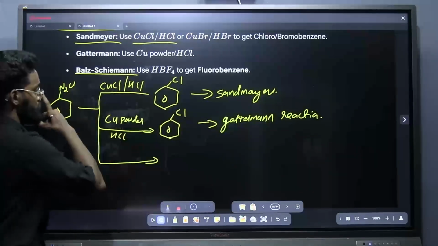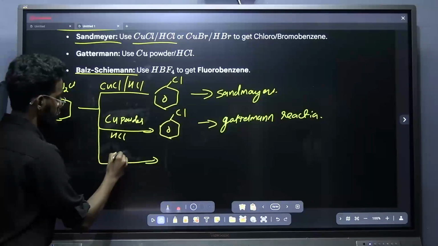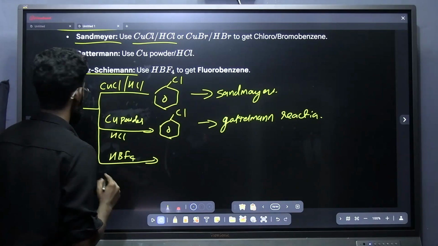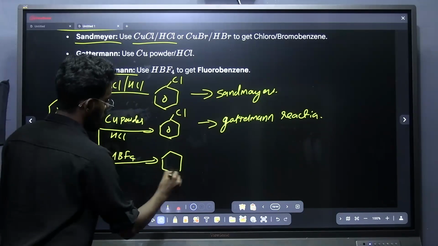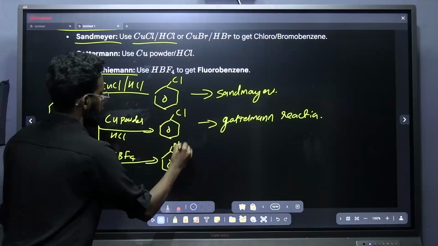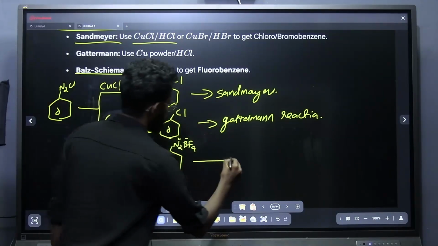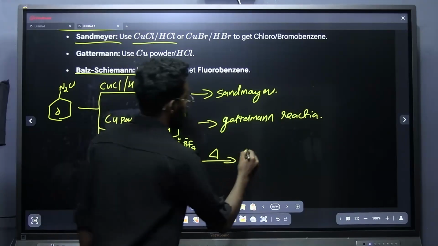Now a few more reactions. This one is the Balz-Schiemann reaction. If I am treating benzene diazonium chloride with HBF4, I will be getting N2 BF4 minus, and on heating this, we will be getting fluorobenzene.